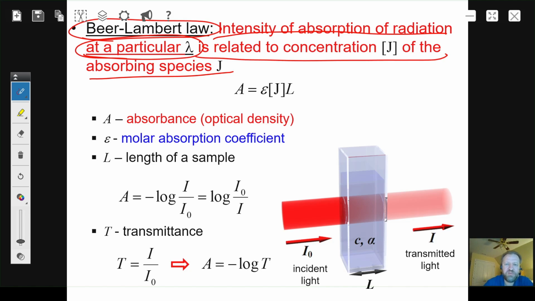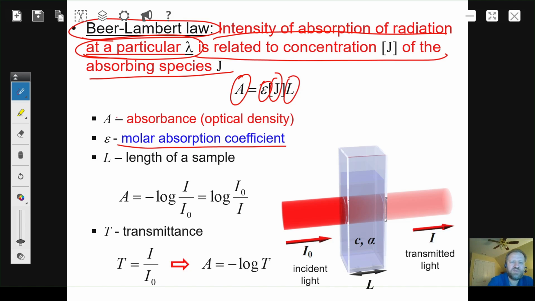One of the forms of the Beer-Lambert law is that the absorbance is directly proportional to the concentration of species J, the path length that the beam travels through the sample, and the constant of proportionality is the so-called molar absorption coefficient.